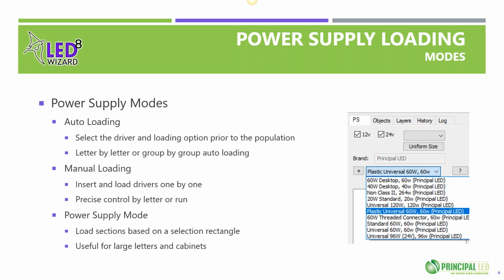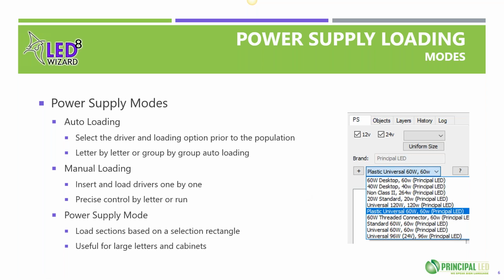You can use the power flow tab options to preset how you want to load your power supplies before you even do the population. That's the auto power supply loading checkbox, and you'll select the driver that you want to use from the list shown here on the right, and then you select the option that you want. Is it optimal by letter? Is it self-contained? And I'll talk about that in a second.